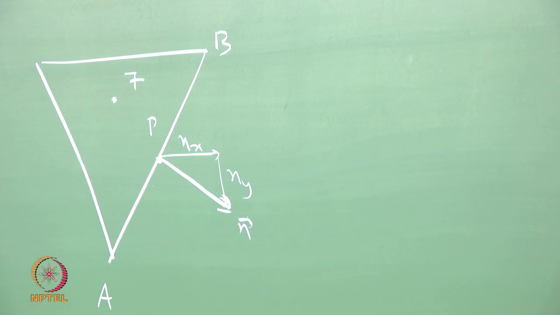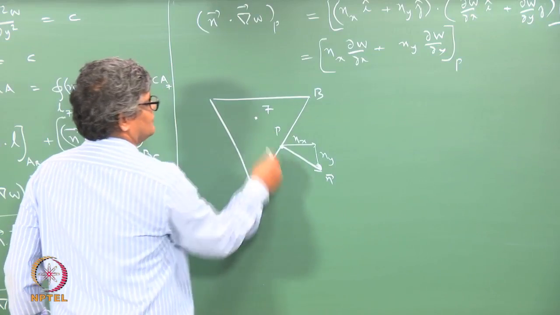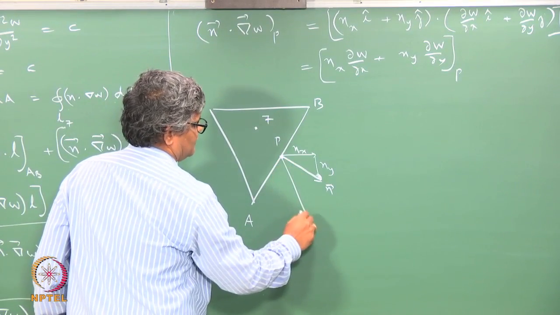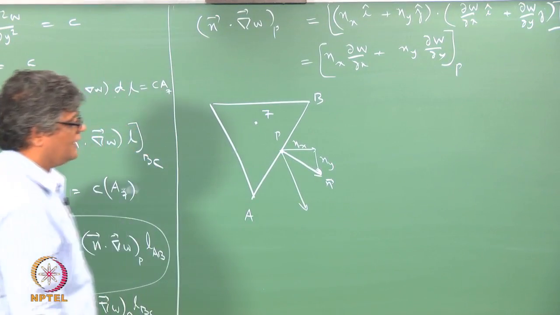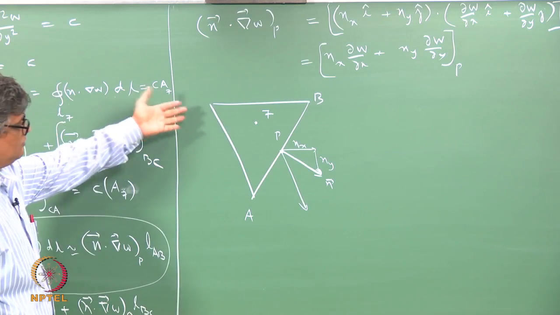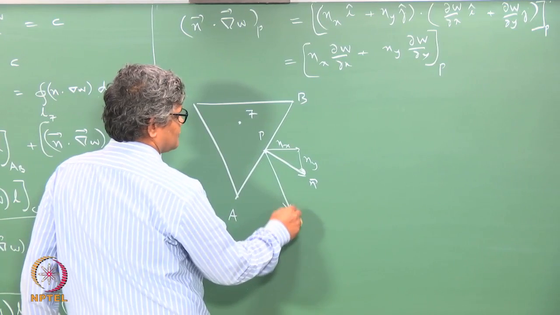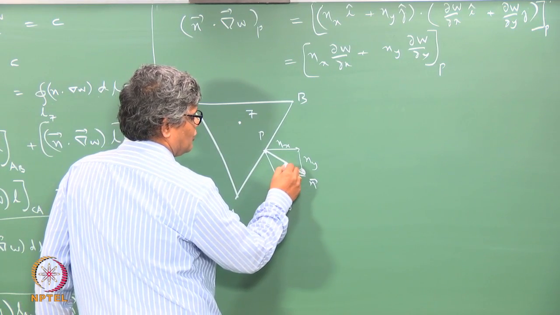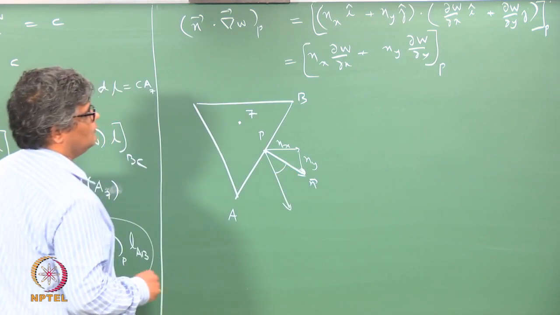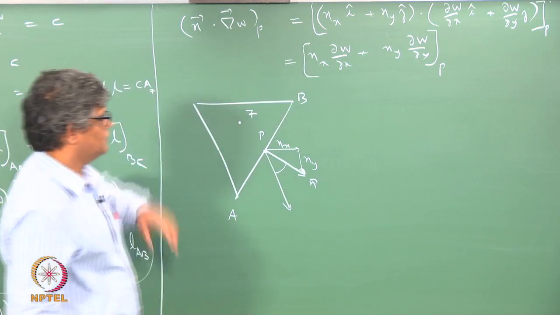Okay. Now the gradient here is of some direction which is known from the gradients we can see, and so the dot product of these two will give us this particular value here.